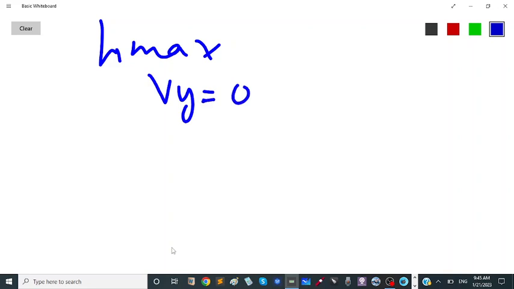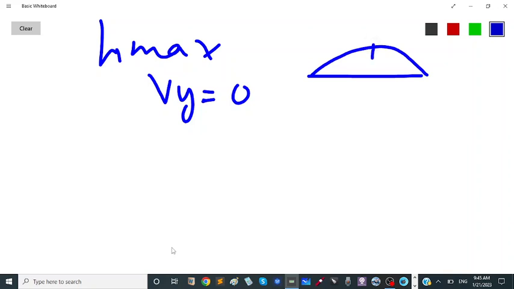So how can we calculate this one? To get hmax, we know that Vy will be 0 at hmax because it is a turning point. We have only the x component here.